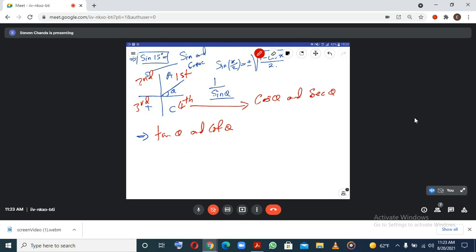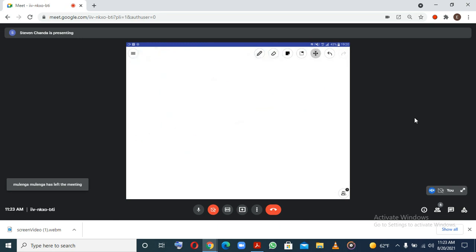So now, having done that, can someone tell me what sign our formula is going to have for this half angle? Yes, so it's going to be a positive sign.